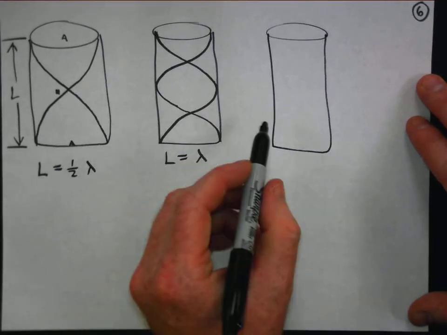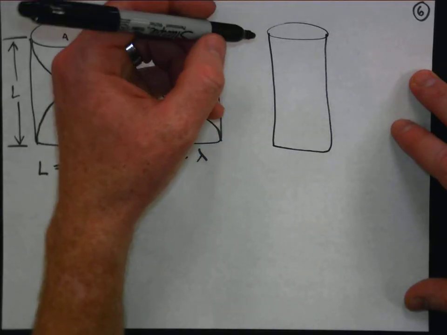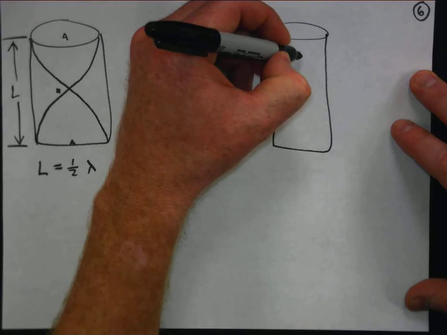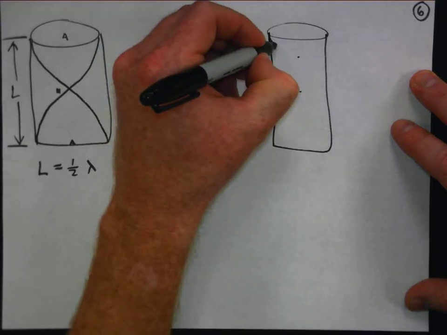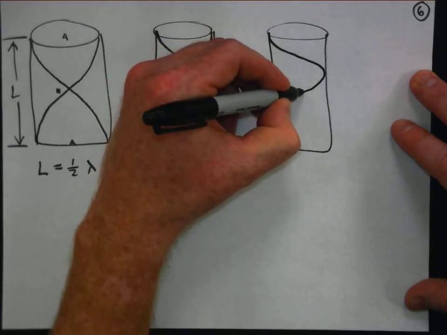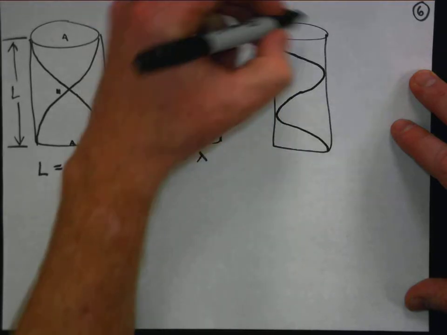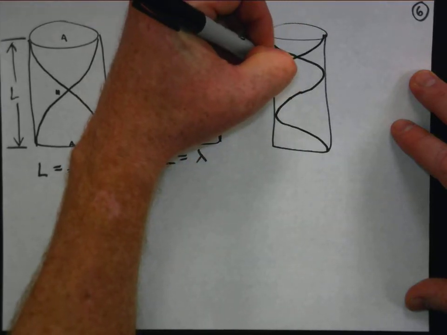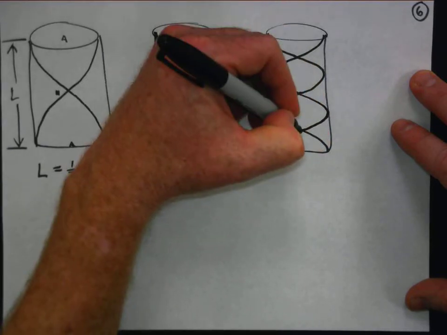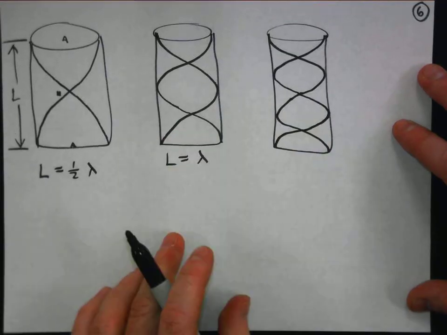Let's see if we can get this going. This is going to be a little crowded, but essentially I will need a node in the center, and a node about there, and I'm going to have to come through the middle, and back there, and back open. Through the middle there's an antinode, back to the middle there's a node, and the antinode. Okay, so I got an antinode at each end.